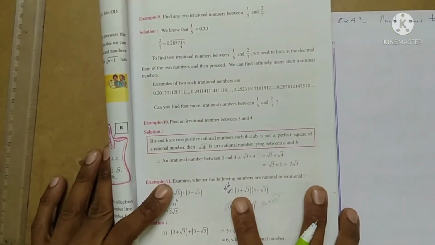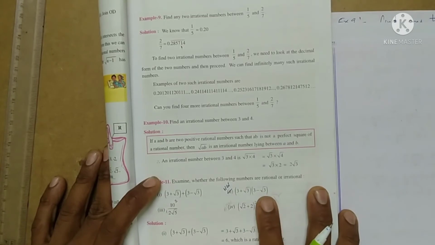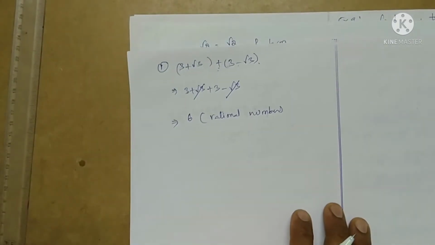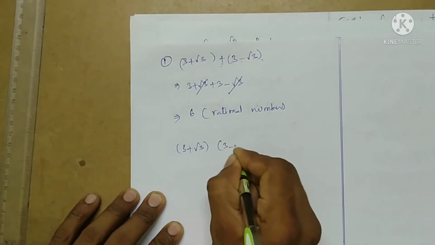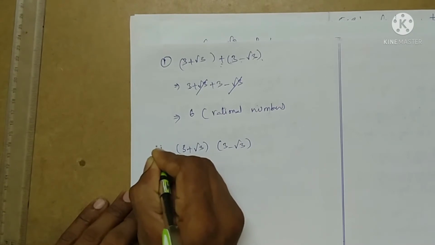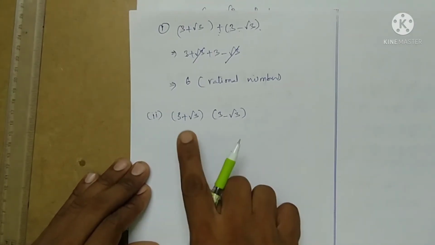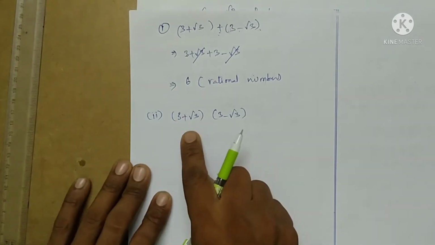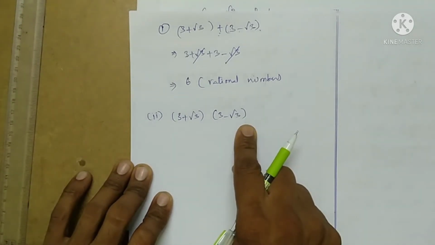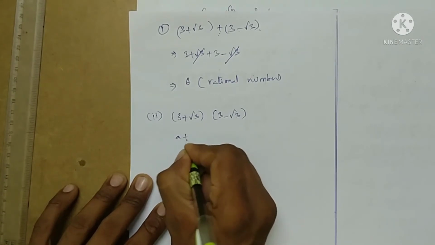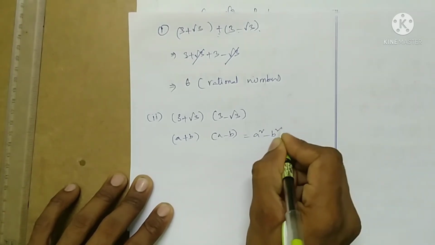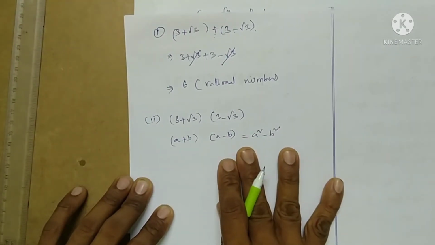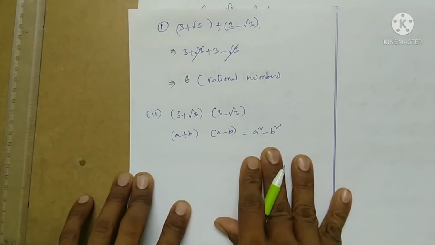Next question: (3 + root 3) into (3 - root 3). It is of the form (a + b) into (a - b), right? By algebraic identities, (a + b)(a - b) equals a squared minus b squared.